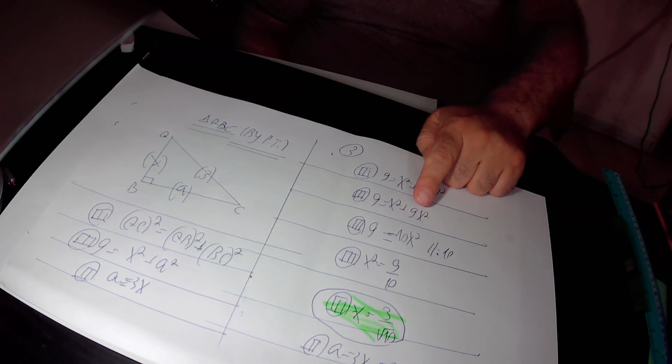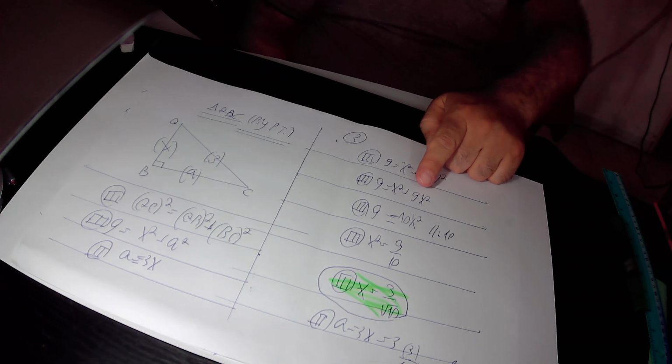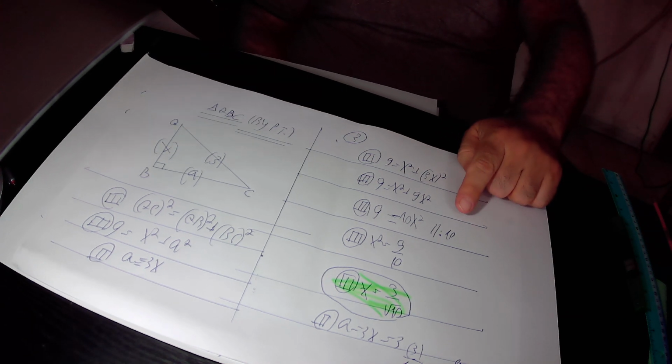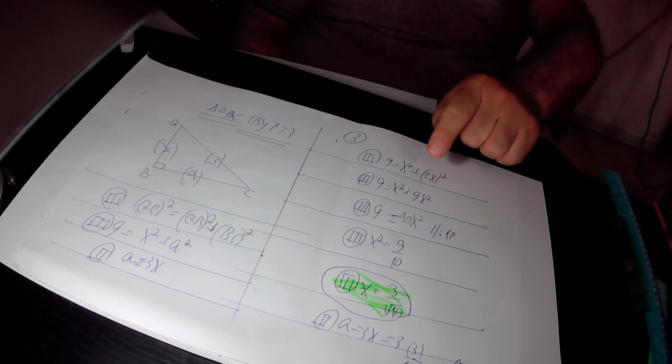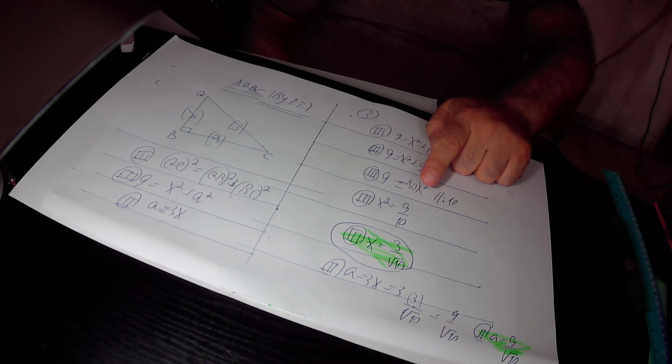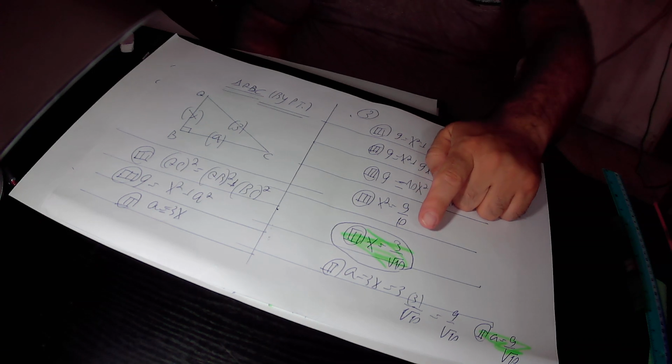So 9 equals 10x squared. Here we divide this equation by 10 and find that x squared equals 9 tenths. Here we take the square root and find that x equals the square root of 9 over 10, that is 3 over the square root of 10.